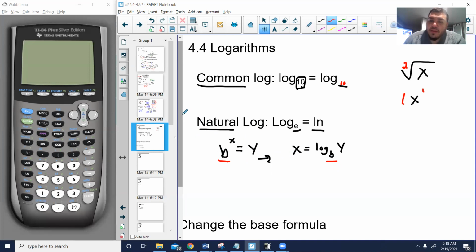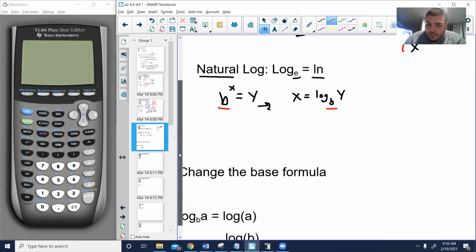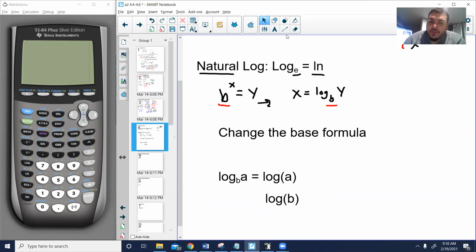All right. Now, the first thing we're going to practice is the calculator versions, which requires us to do the change of base formula. The change of base formula is very straightforward. When you have the base b and whatever's inside the log, let's say a, you convert it to the log of a divided by the log of the base.